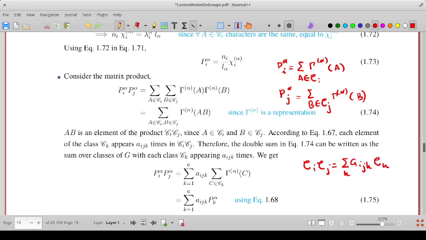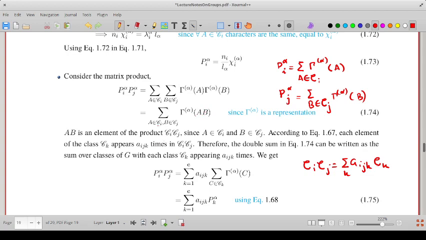So that means in the product Ci Cj, an element of the class Ck appears aijk times. If I take the summation over all elements A in Ci and all elements B in Cj, that will produce elements AB, which are elements of the class product Ci Cj, each an element of one of the classes Ck, and each such element will appear aijk times.